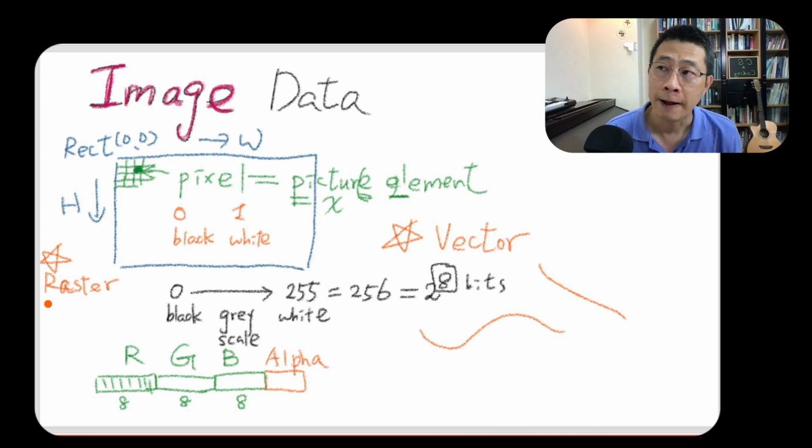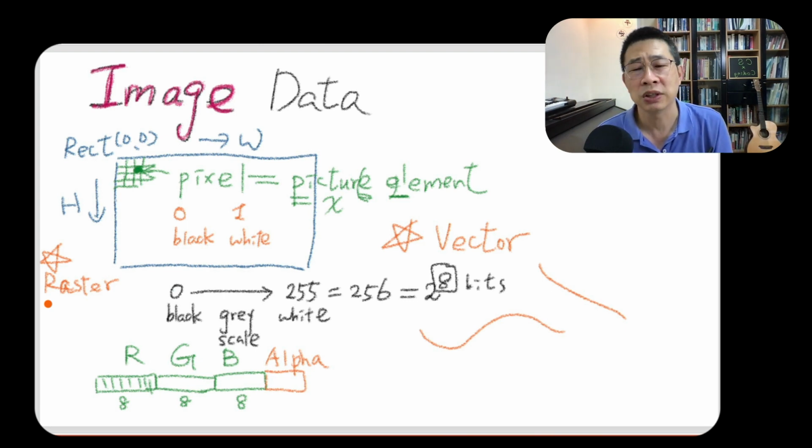So this is the good part of the vector image. But we need both, because nobody uses a vector image to express a beautiful tree scenery, because it's hard to describe the subtlety of the picture, which cannot be captured through math.